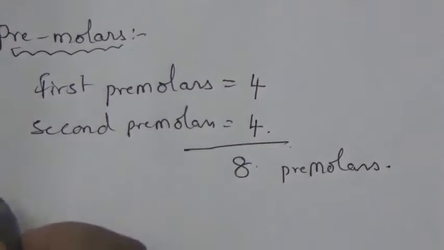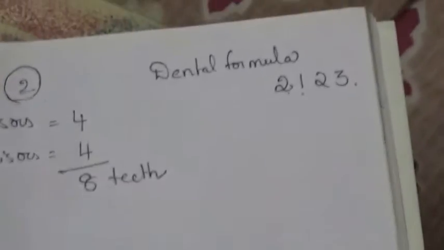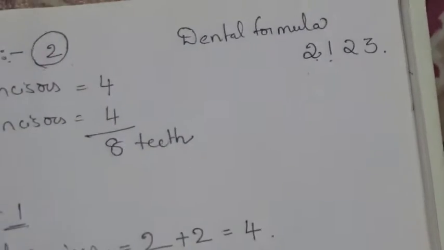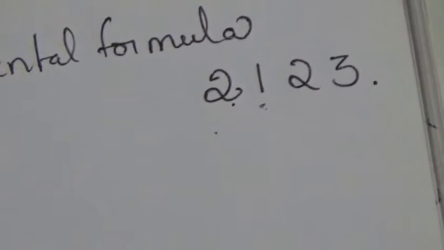About the molars, premolars are 2 here from the dental formula. Molars 3, right? 3 types.